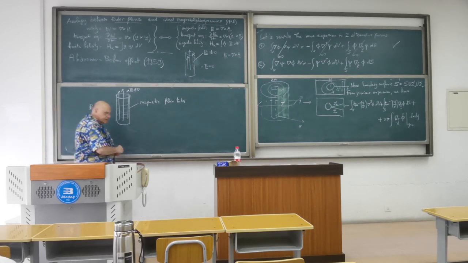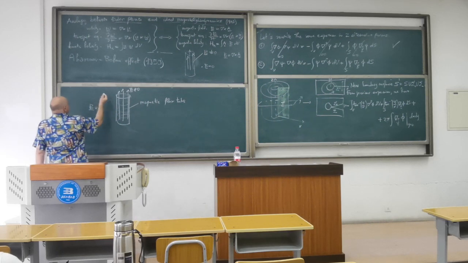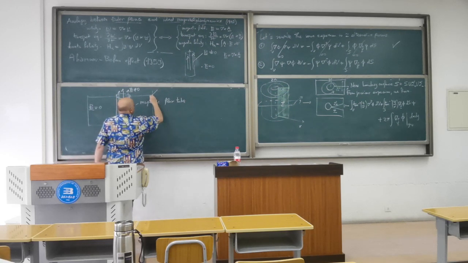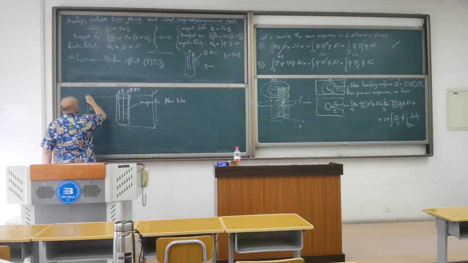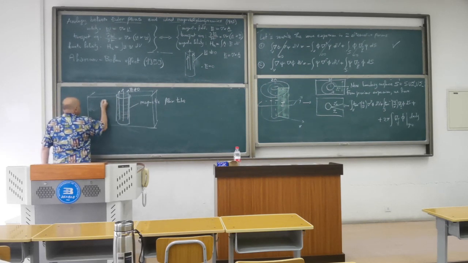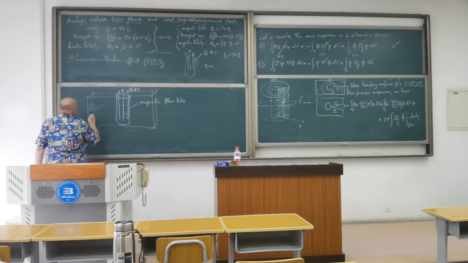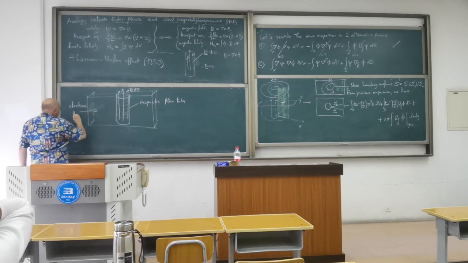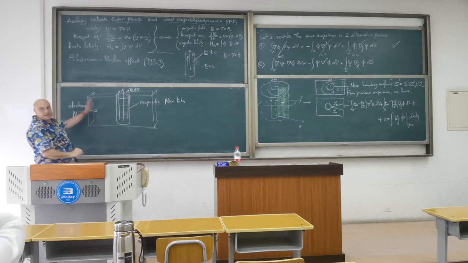Now what we do here, we put an apparatus, some box, and then we shoot an electron flow from one side.